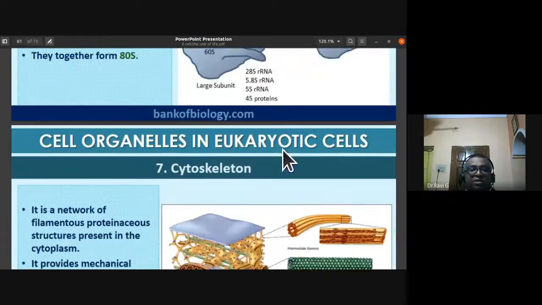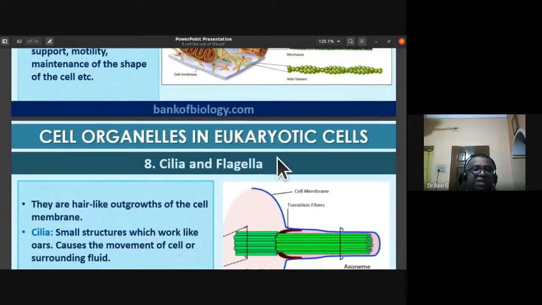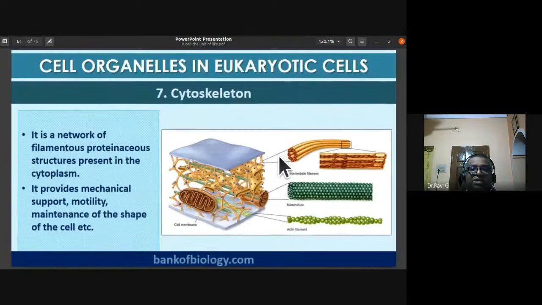Now the cytoskeleton. What is the cytoskeleton? As the name indicates, it is found within the cytoplasm and forms a skeletal framework. The cytoskeleton is a network of filamentous proteinaceous structures present in the cytoplasm.